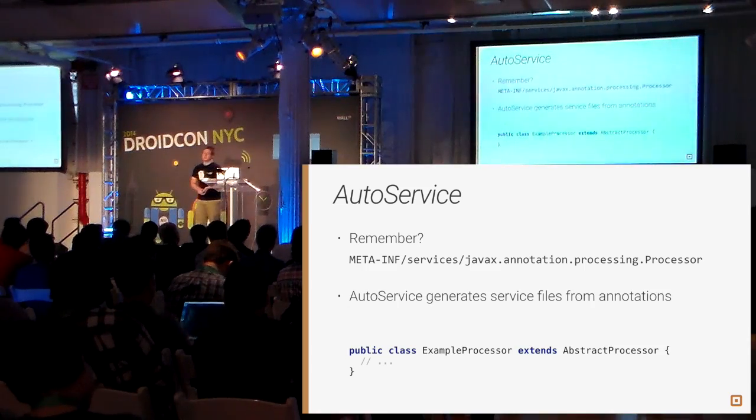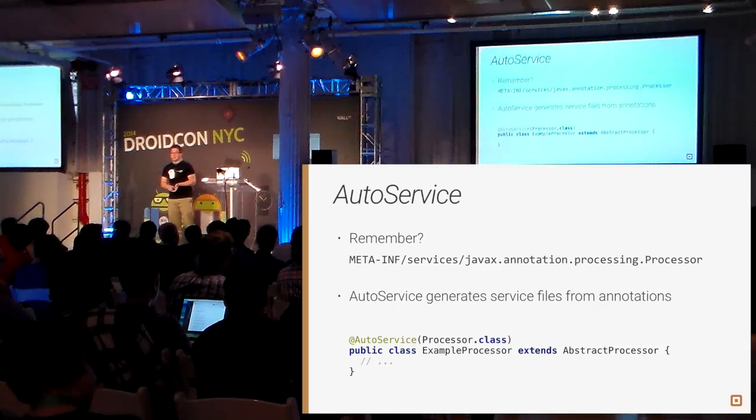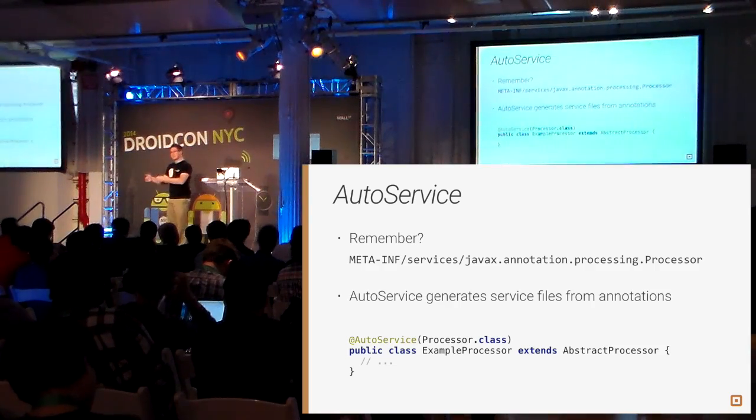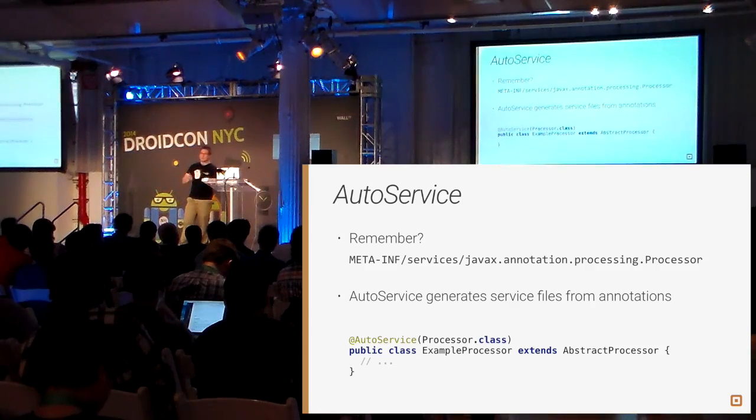So here's our annotation processor. And before, we would have to create this file manually and put in a reference to the class. With AutoService, all we have to do is annotate our annotation processor. And we give it a reference to the service that it implements. So even though we're extending AbstractProcessor, we're actually implementing this javax.annotation.processing.Processor.